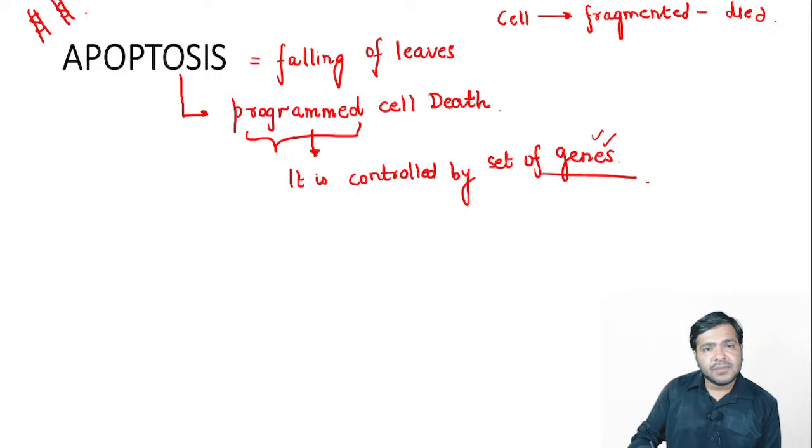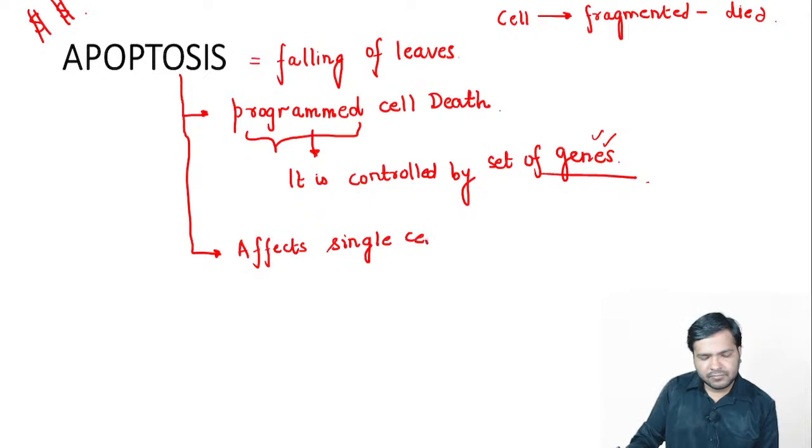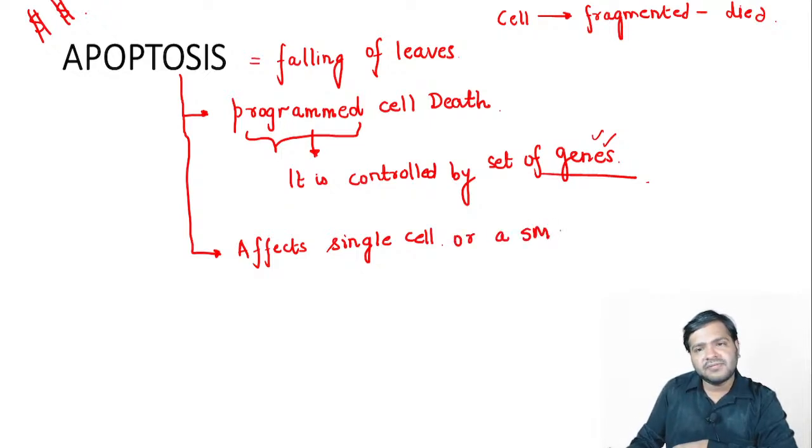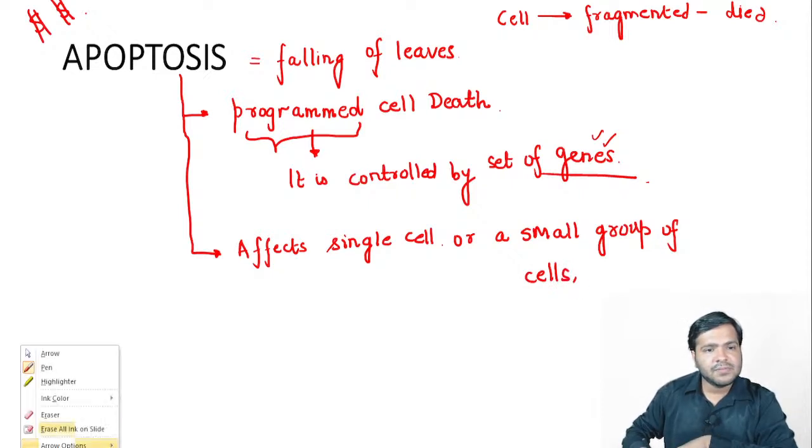Apart from that, remember that apoptosis affects a single cell or a small group of cells. This is something which is important.